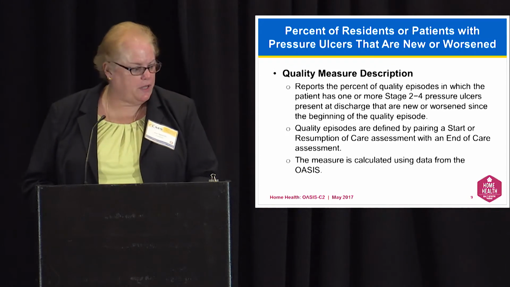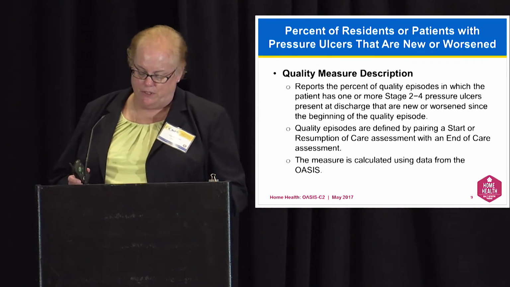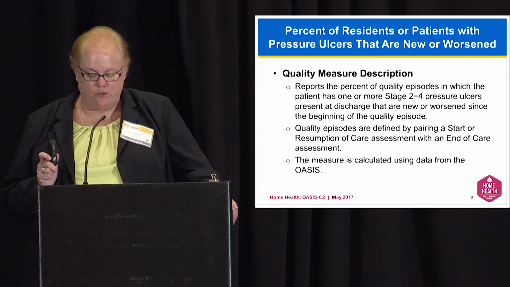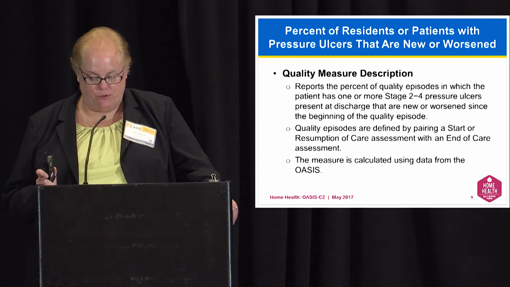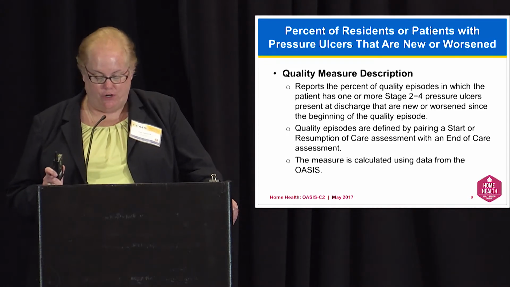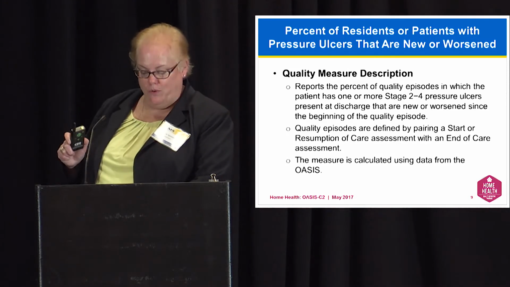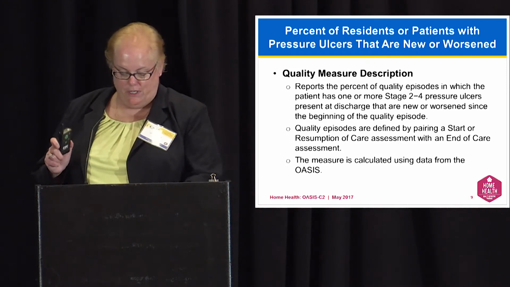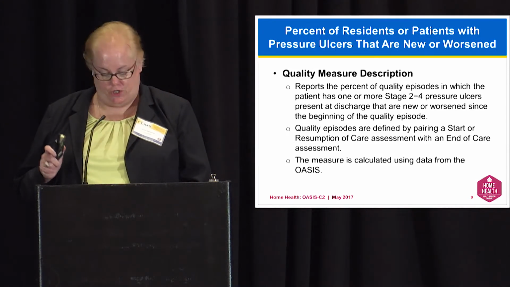So the quality measure description: it reports the percent of quality episodes in which the patient has one or more stage 2 to 4 pressure ulcers present at discharge that are, and I underlined in my notes, new or worsened since the beginning of the quality episode. So that's an important definition.